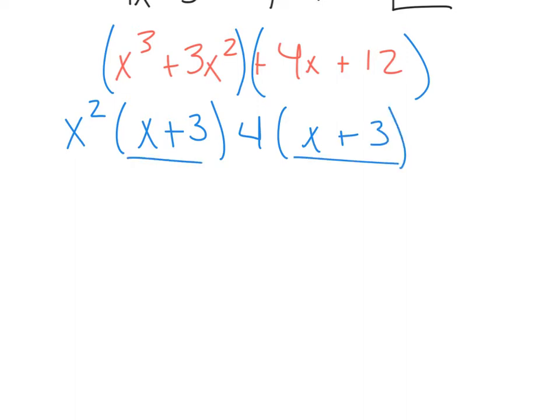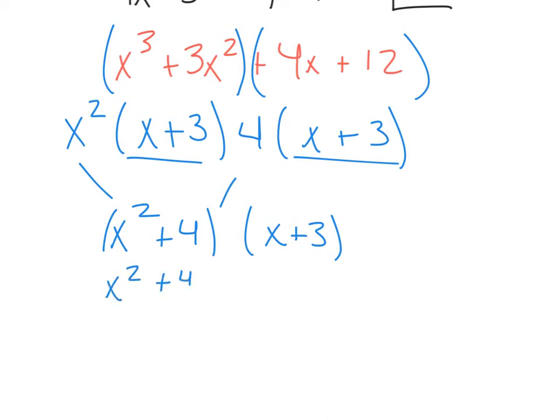I know I did this right because my factors are the same. You pull your GCFs into one single parenthesis, so x squared plus 4, and the common factor of x plus 3 in the other. Now we are solving, so I do need to set these equal to 0, so I have x squared plus 4 equals 0, x plus 3 equals 0.